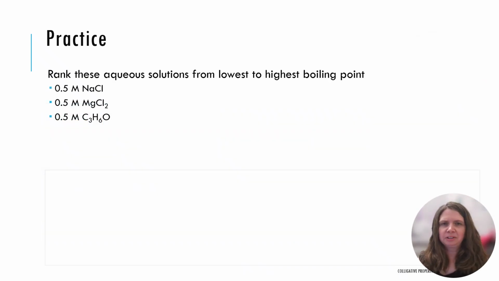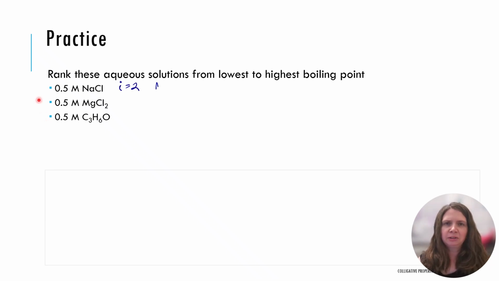Now let's rank solutions by boiling point. We have a 0.5 molar sodium chloride solution, a 0.5 molar magnesium chloride solution, and a 0.5 molar C3H6O solution. Although the listed concentrations are the same, the ionization changes the effective particle concentration.